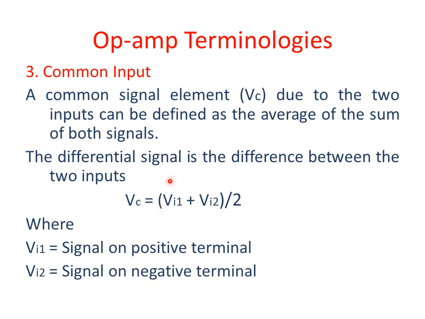When we take the average of both of these, we get the signal which is common to both of the inputs. अब Vi1 और Vi2 सेम थे या नहीं थे, इस बात का हम इस वक्त कोई जिक्र नहीं करें, बस कहा यह जा रहा है कि इन दोनों के सिग्नल का जब कभी भी एवरेज निकाला जाएगा, the signal that we get will be called the common input.